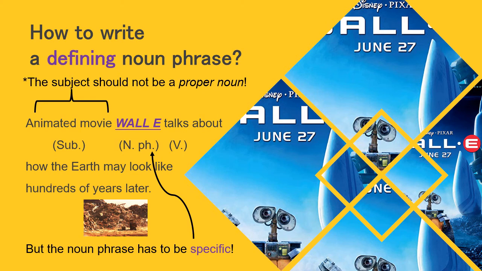It may not necessarily be a noun phrase, but it's just an example to show you under what situation you should write a defining noun phrase. So maybe if you put the name of another movie or another piece of art, the name will be very long, and everyone will agree that the name itself is already a noun phrase.